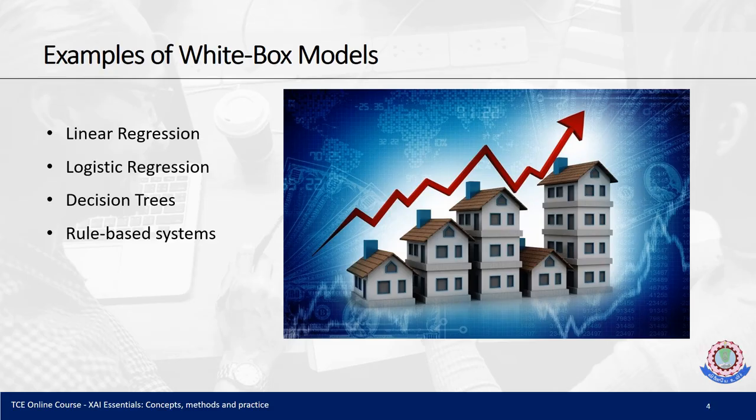Greater distance from the city reduces the price. Each factor contributes in a clear mathematical way. We can literally write the equation and see how much each feature affects the final price because the reasoning is visible and understandable. Linear regression is considered a white box model.